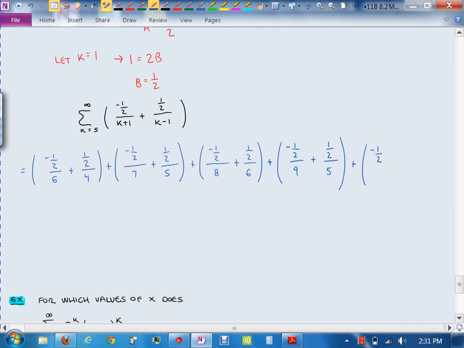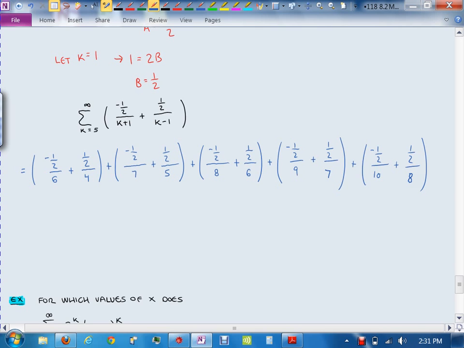Negative 1/2 over 10 plus 1/2 over, where am I, 6. Wait a minute, hold on, did I get this right? I don't know why it's 5. It should be 7. Thank you. 7 then 8. I'll be honest, I didn't even look. I just had a feeling that was going to be the next number. Okay, this keeps going, right?